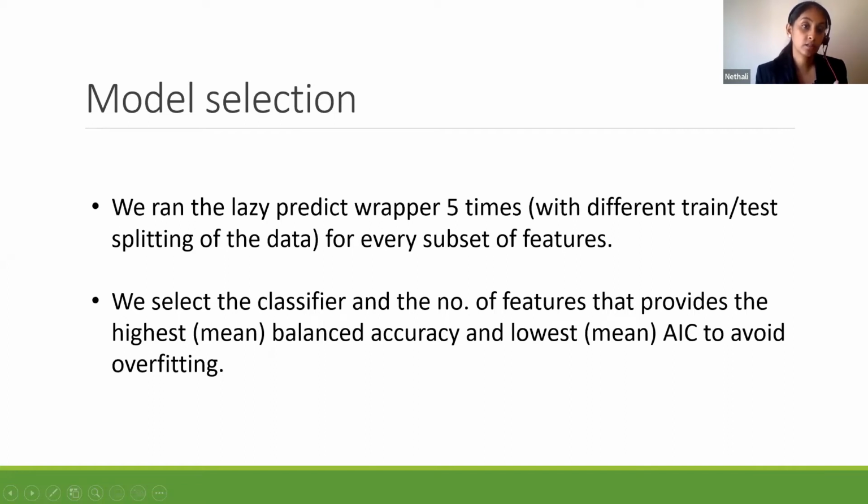So when you run it one time and the second time, when the train and test splitting is different, you can get quite comparable, but could be fairly different results. So to make sure that we are consistent, we run this 5 times and we look at the mean of the balanced accuracy. Why the balanced accuracy? Because our data set is not balanced. And then also we look at the lowest mean AIC value. This would help us to avoid overfitting.